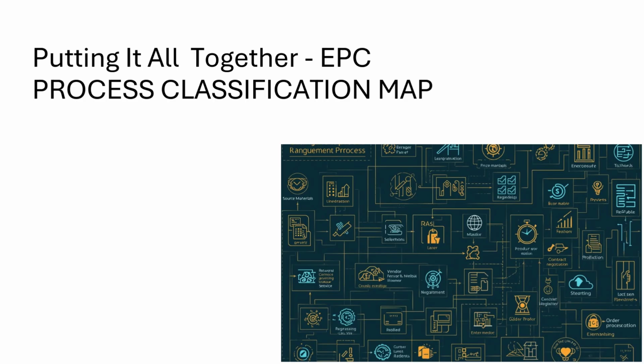Support processes could be HR, finance, admin, IT, stores, plant and machinery. Management processes: governance, risk, IMS, audits, reviews, digitization, strategy. Once you classify, every function gets clarity on what they own, what they support, what they must report, and how they integrate with others. This is the first step to building a process framework.